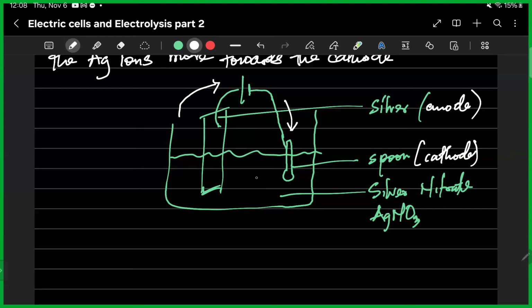Ag moves towards the spoon. So once it moves towards the spoon, we are able to coat the spoon.